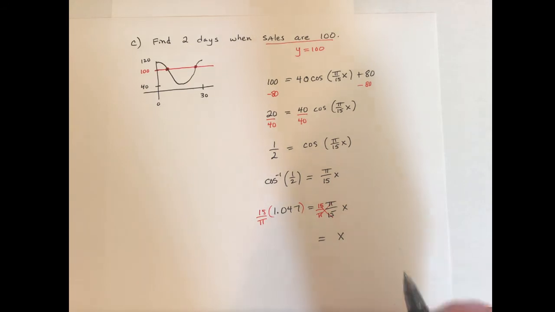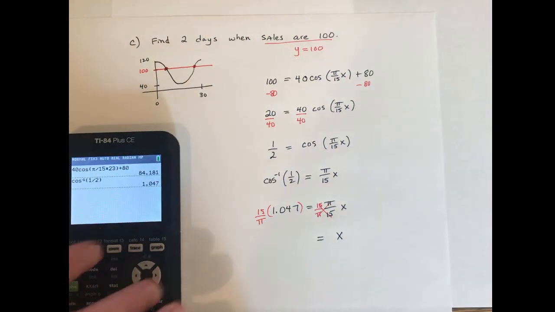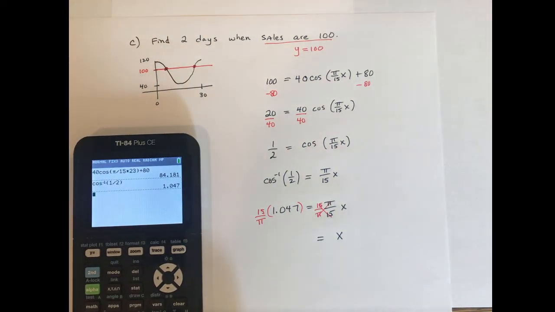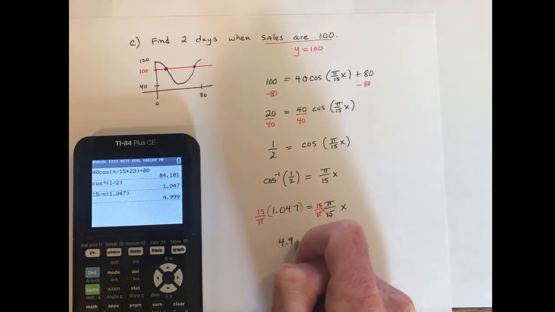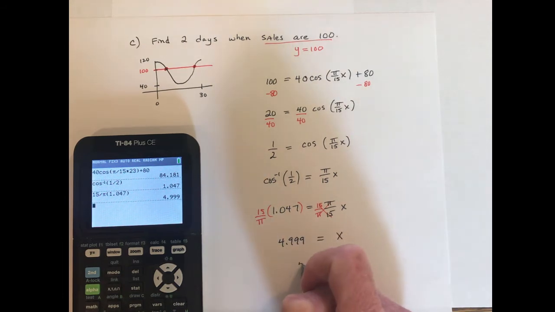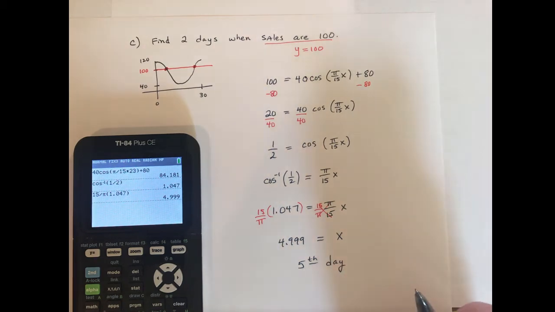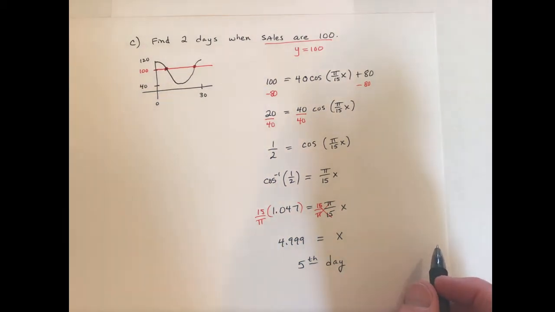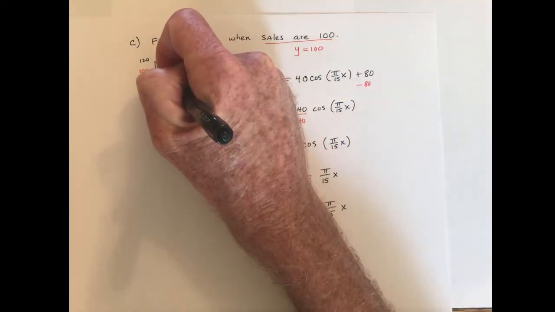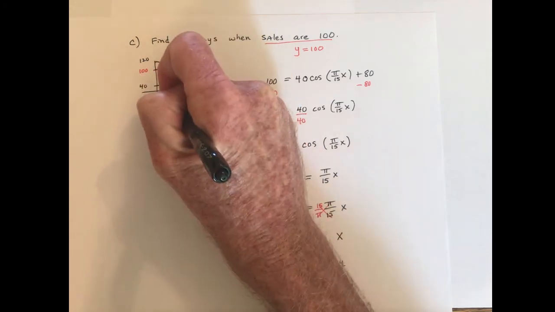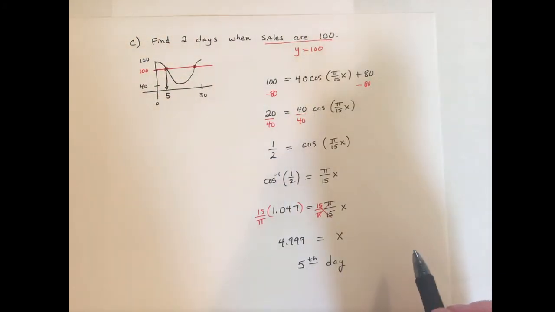X equals 15 divided by pi times the 1.047. That looks like the 5th day, 4.999. I'm going with the 5th day. Okay, so that means that right here, this is the 5th day.